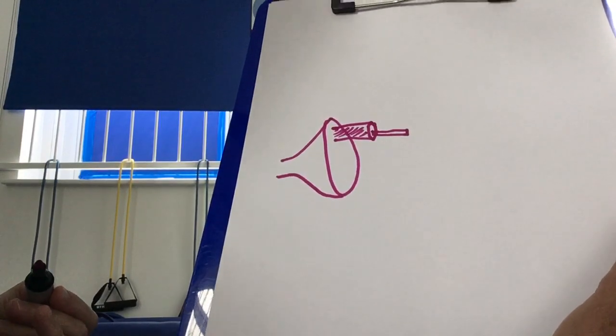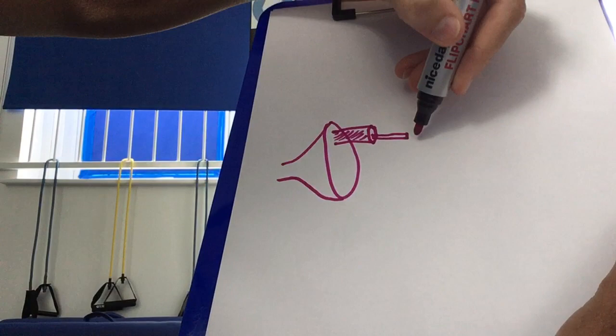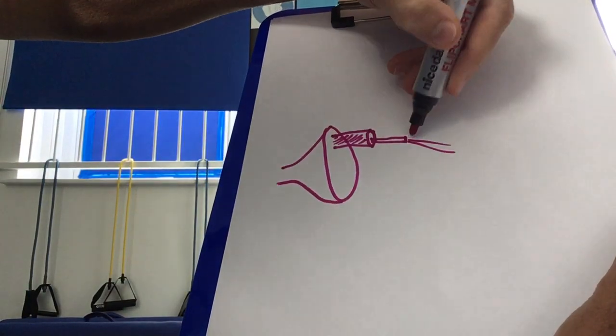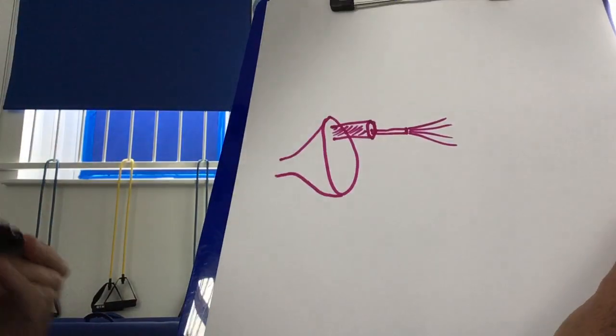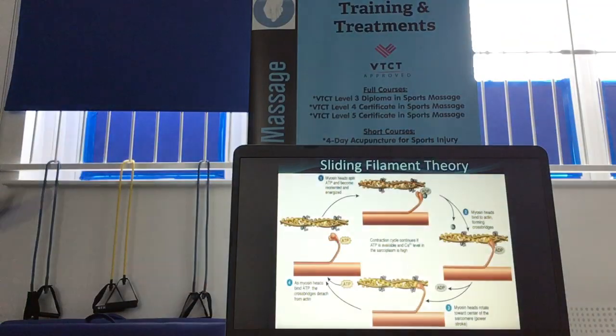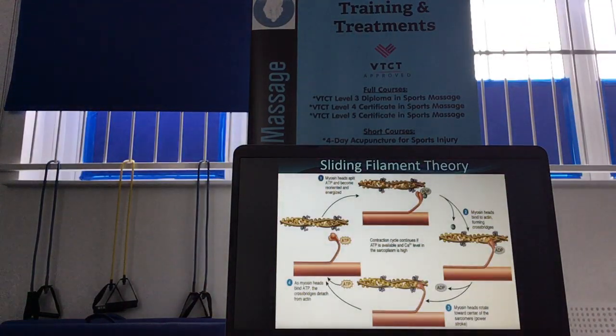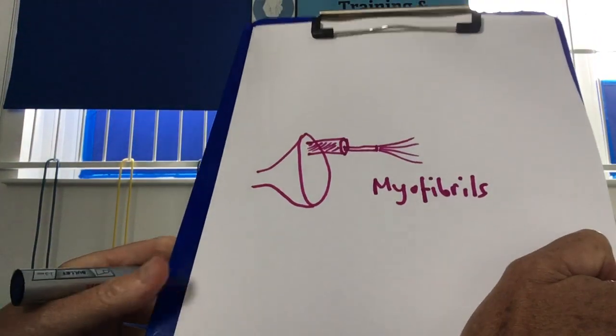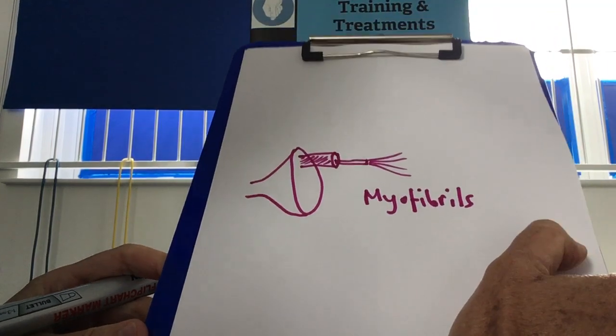So that's where our diagram took us up to. But from here, it's made up of these. And these are called myofibrils. Okay, so each one of those is a myofibril.